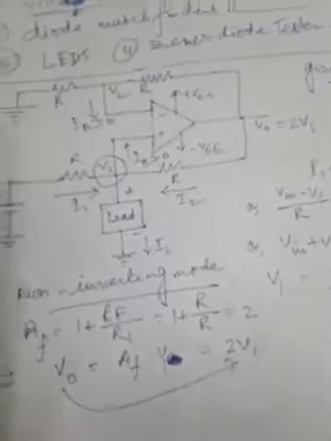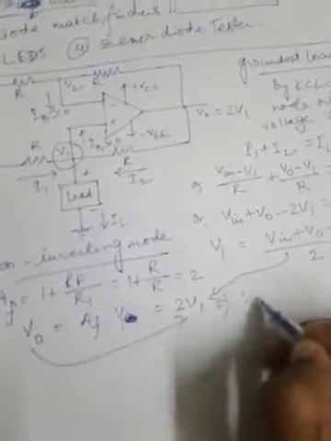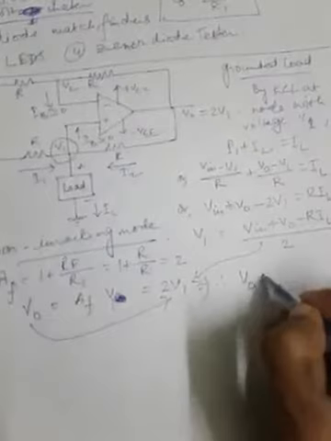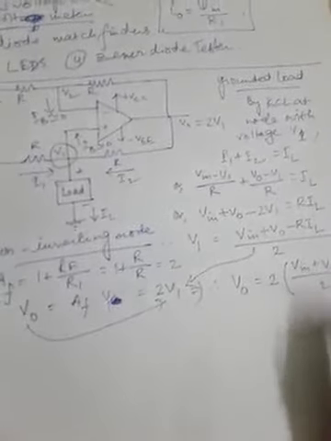If we substitute V1 from the earlier expression, VO is equal to 2 into (Vin plus VO minus R IL) divided by 2.